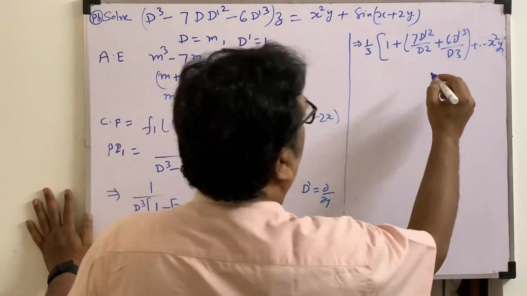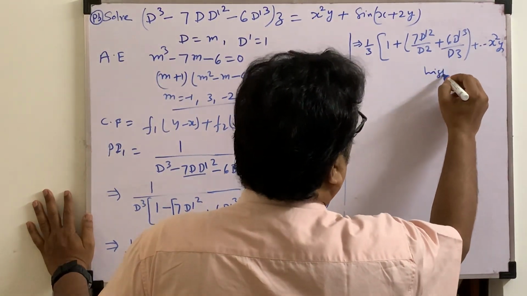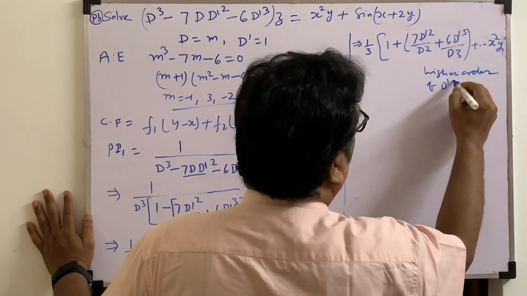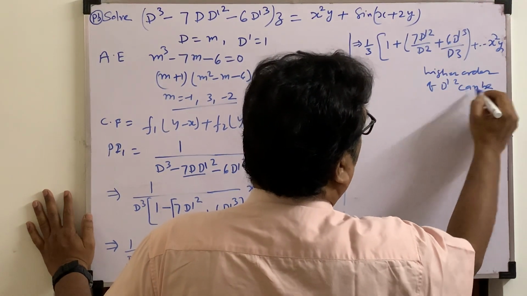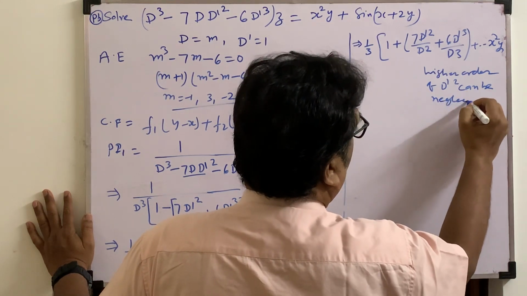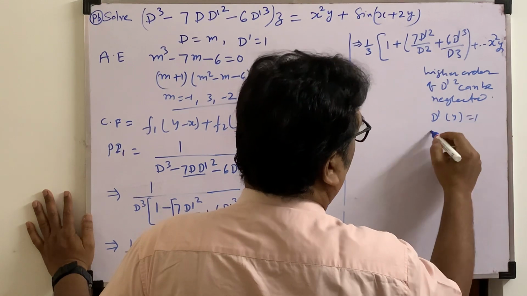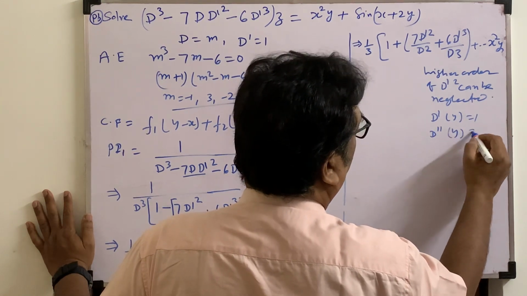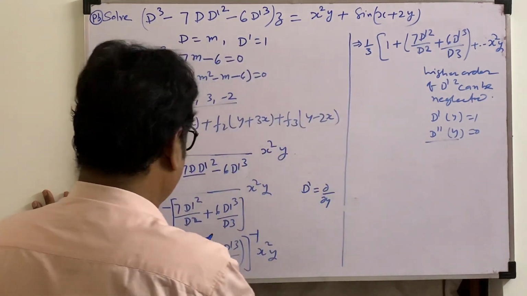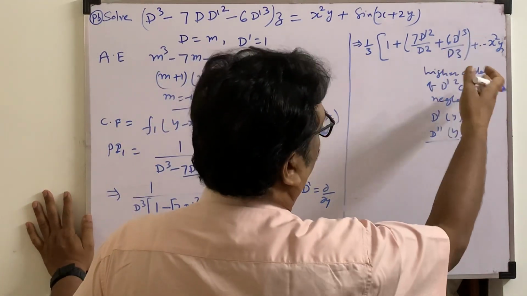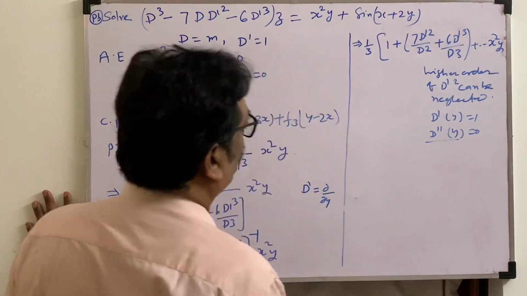Higher order terms of D dash can be neglected. Why? Because D dash on y will come 1, D double dash on y will come 0. So D dash itself is coming 1, next we go to 0, so we will not write this. So what will we write now?